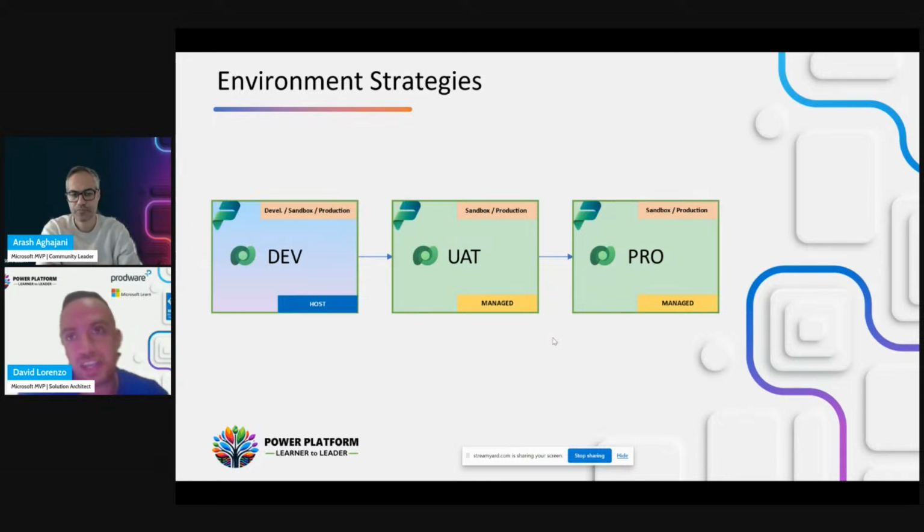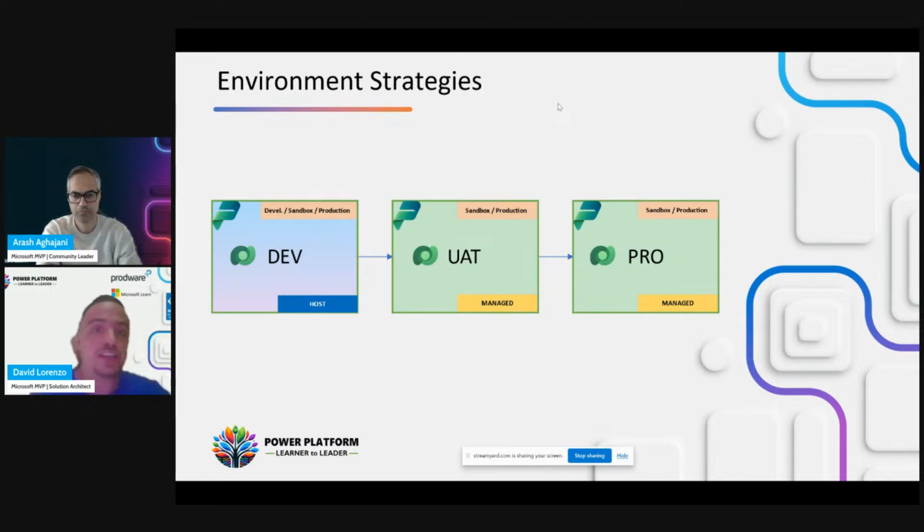So we save one environment in our tenant. Again, in this case, we need to be aware of the target environments being managed, and also the type of environment. We also recommend sandbox or production for UAT and Pro, and dev, sandbox, or production for the development environment.